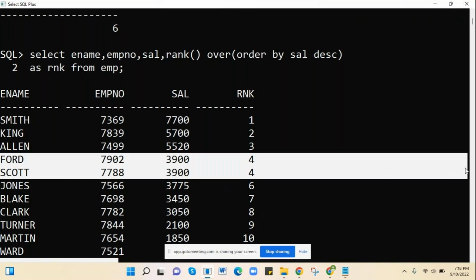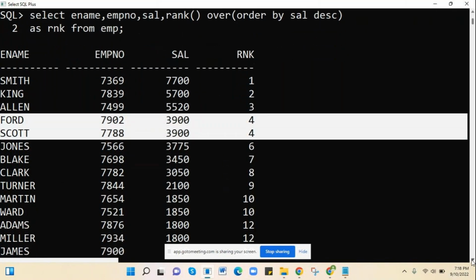That's why in Narayana, Sri Chaitanya, whenever we get the results, it will show one one one, two two two like that. They are using rank because if both have the same, it will provide the same rank.